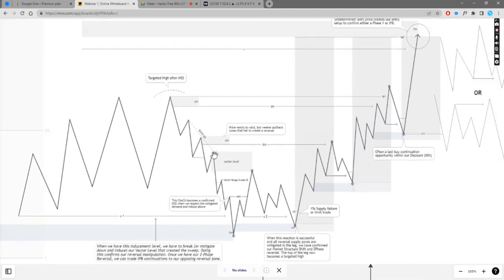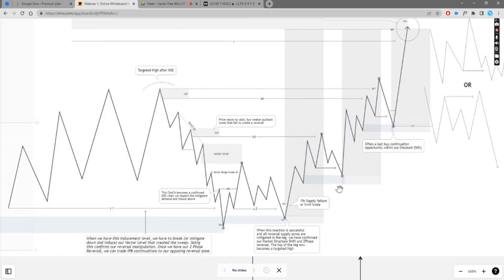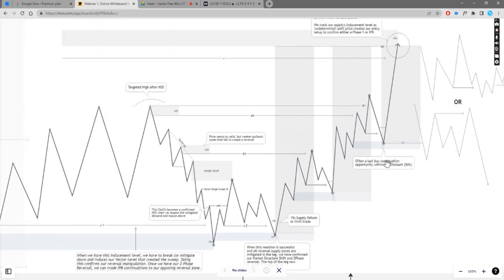So these are where we encounter supply areas that are still valid, okay, but aren't strong enough to create a reversal. So once again, it's seeing the market as build up, manipulation reversal, and then continuations, that's it.